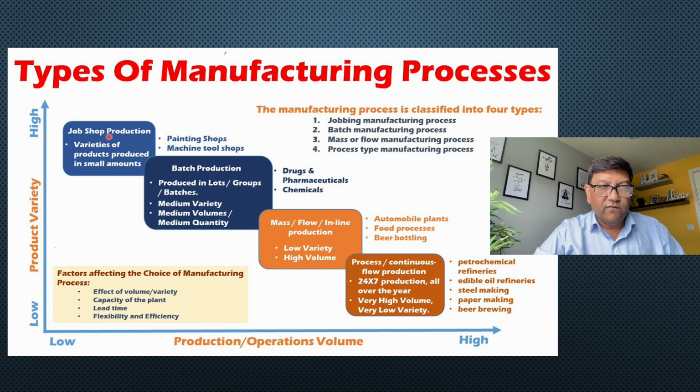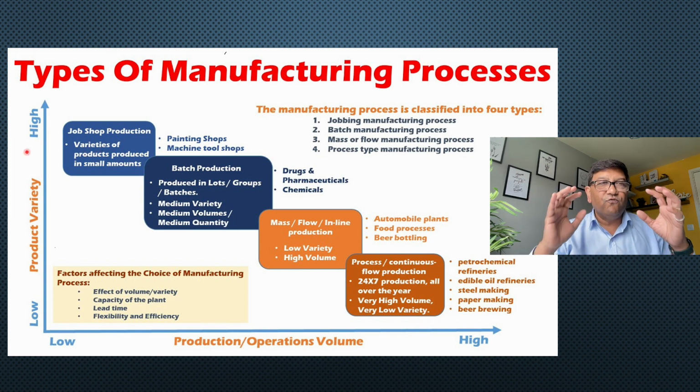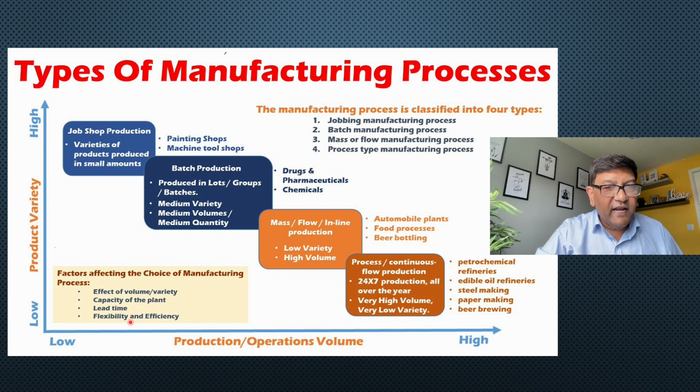Now finally, we are moving towards job shop production, which is more like small projects. In a job shop, we have very high varieties of products being produced in very small quantities and very low volume as well.